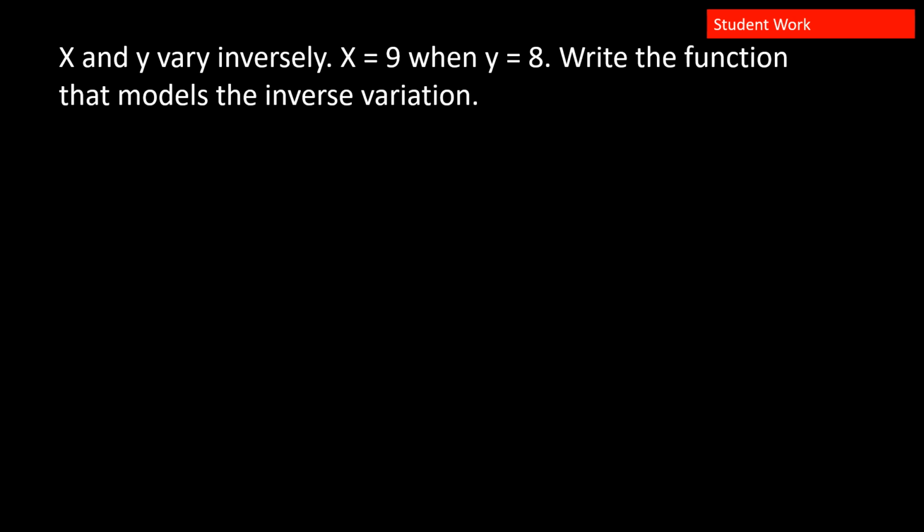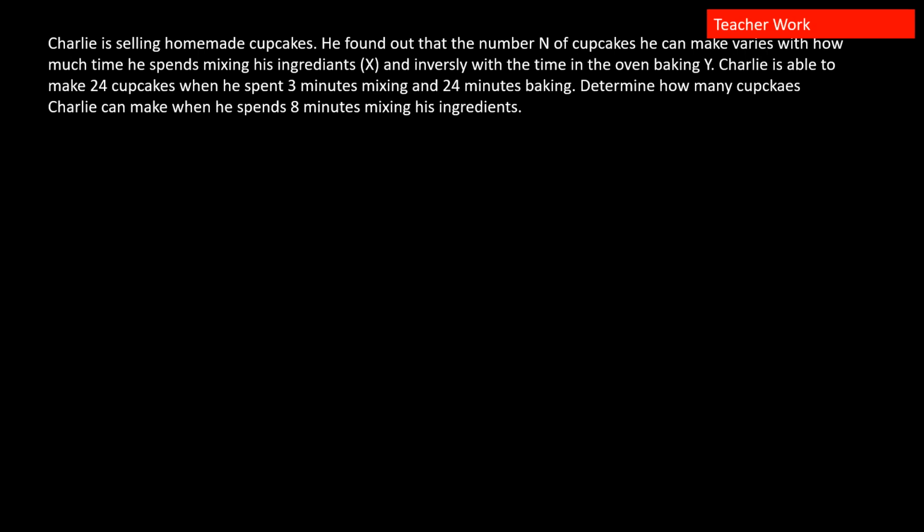Let's move on. All right, so this next one says, Charlie is selling homemade cupcakes. He found out that the number n of cupcakes, okay, so we're talking about n here. Typically, whenever they start off with these types of questions, that's usually going to be your y value, right? So we're saying n cupcakes can make varies with how much time he spends mixing his ingredients.